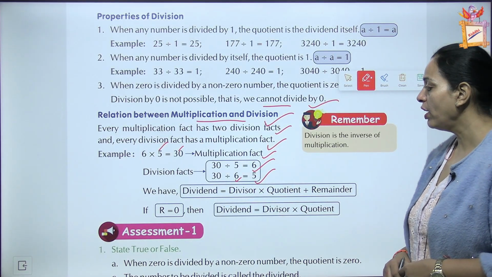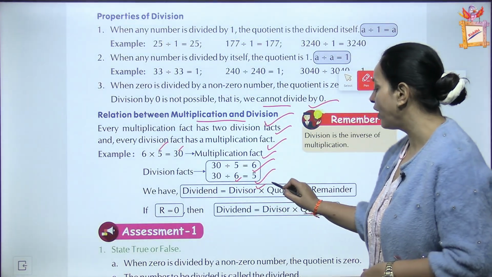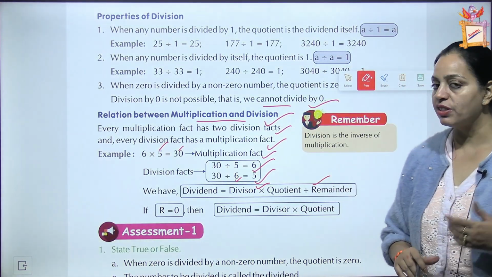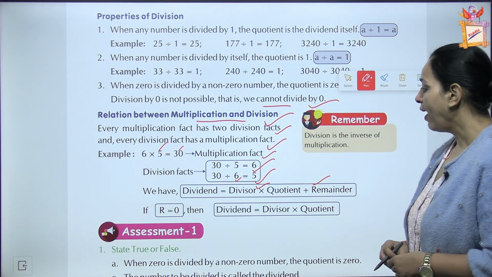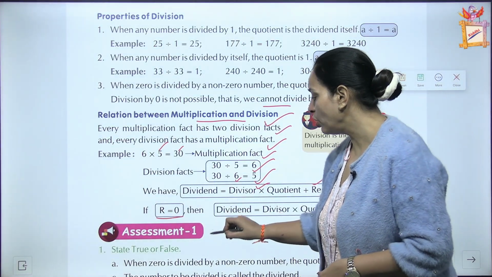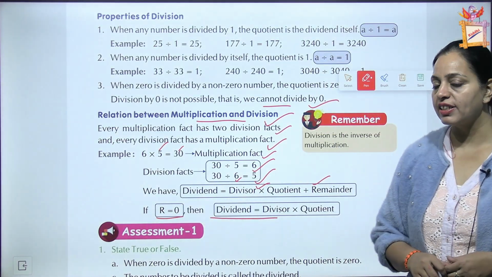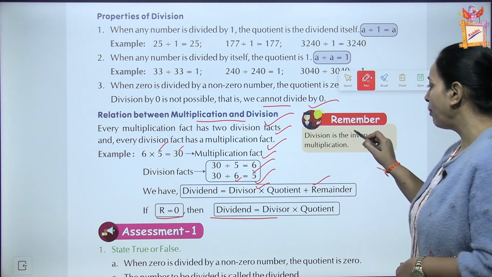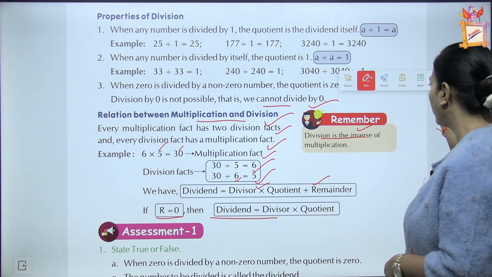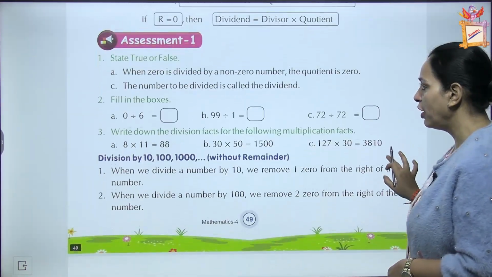Okay, so we have dividend equals divisor into quotient plus remainder. This is the one rule. Okay, and if remainder is 0, then dividend equals divisor into quotient. Remember one point, division is the inverse of multiplication.